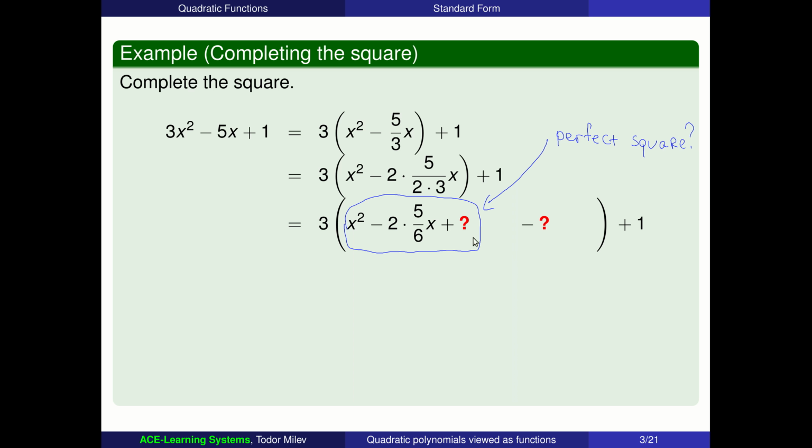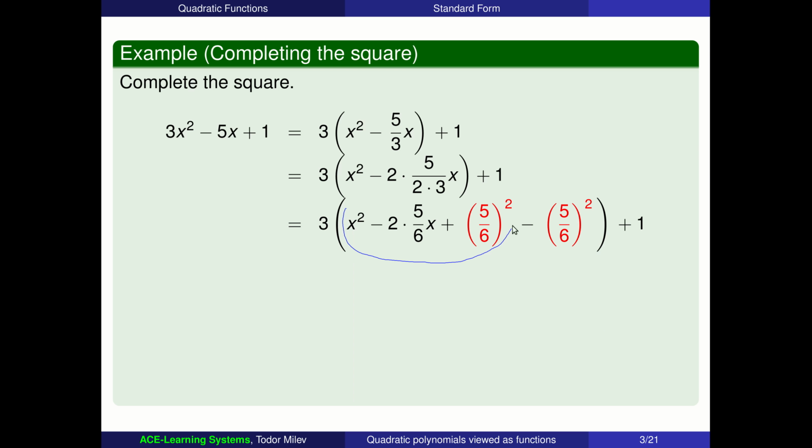Can I select the expression that you see here so as to get a perfect square? I'm sure you must have guessed it by now. If I were to select the number 5/6 squared and I were to add and subtract that number, of course I wouldn't change the expression because I've added and subtracted the same number, but at the same time I would be able to generate a perfect square here.